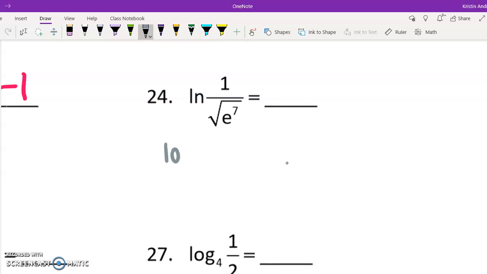24, ln is log base e. E to the 7th power underneath a square root symbol. Remember, there's an invisible 2 here. We're going to rewrite that as 1 over e to the 7 over 2.